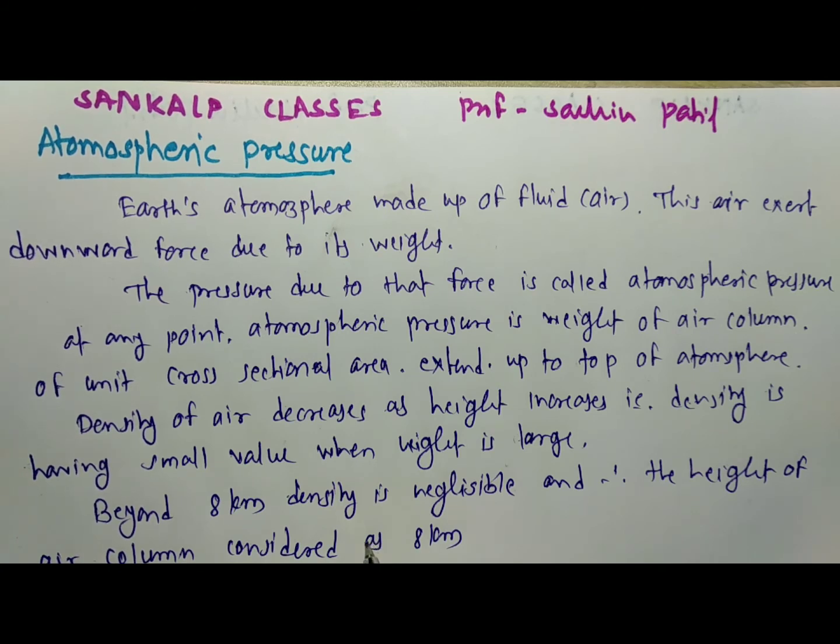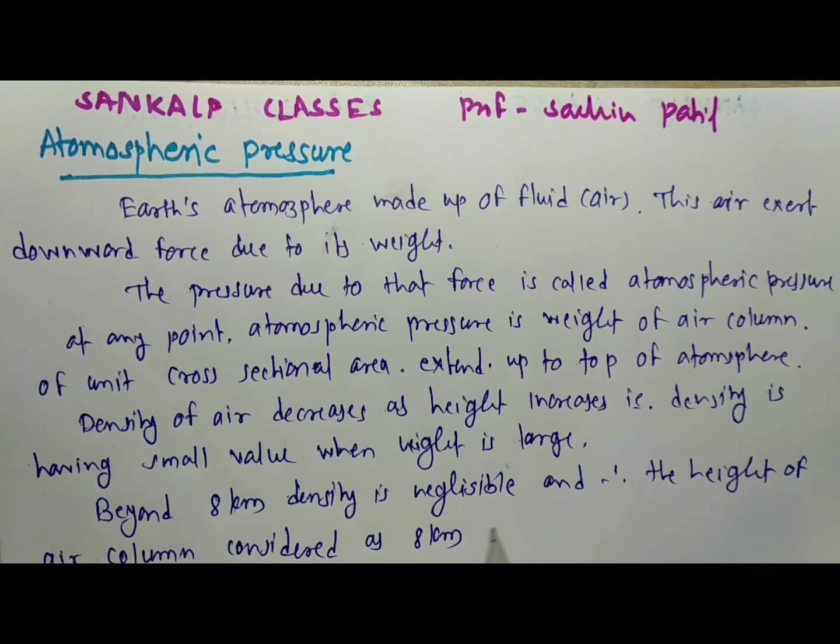Up to 8 km there is a presence of atmospheric air which has some density, and beyond 8 km the density decreases, so you consider 8 km height of air column from sea level.